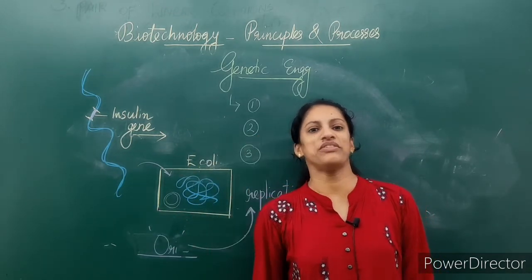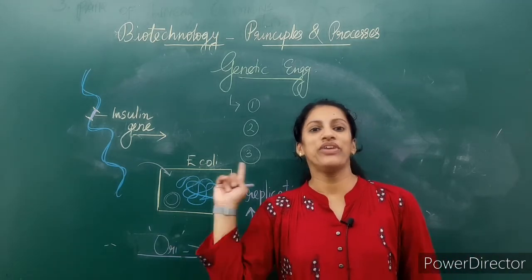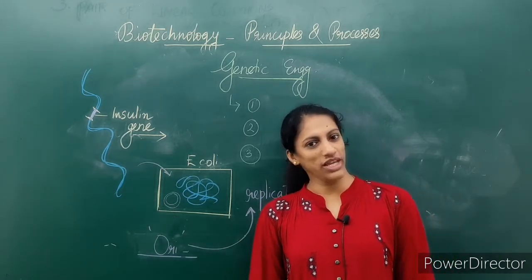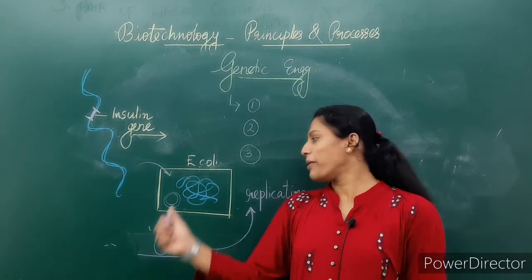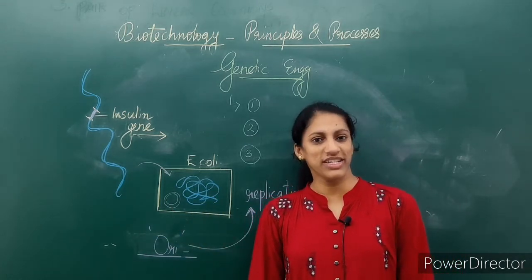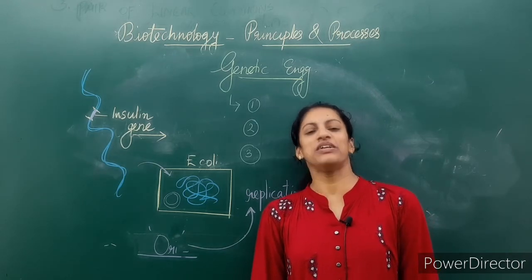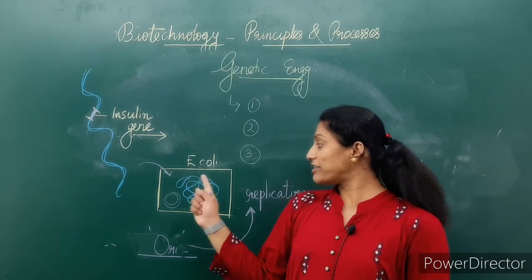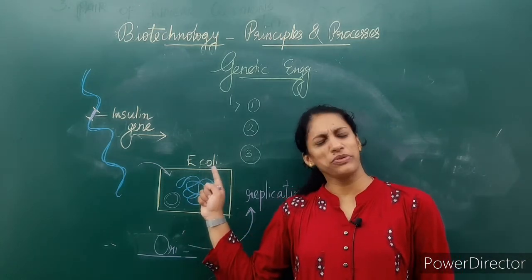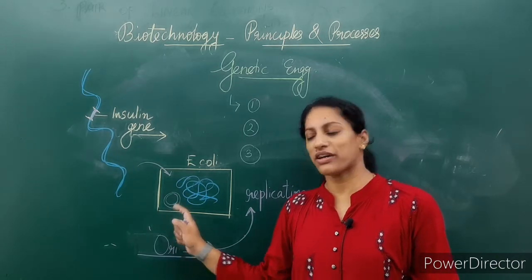Then another important fact: in most genetic engineering experiments, we are using bacteria as the host. And very interestingly, bacteria has an additional genome. You have heard it, you have studied it. An extra chromosomal genome is present in the bacterium. Other than the normal genome, most bacterial cells contain an extra chromosome.